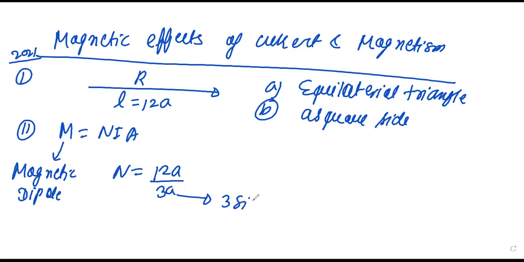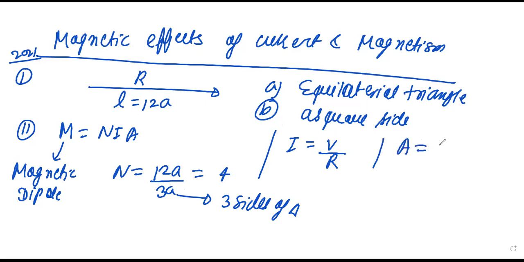Because there are three sides in a triangle. So 12A divided by 3A comes out to be 4. And as we know, I equals V by R. And the area of the equilateral triangle is given by root 3 upon 4 A square, side square. So this is the area for the equilateral triangle.